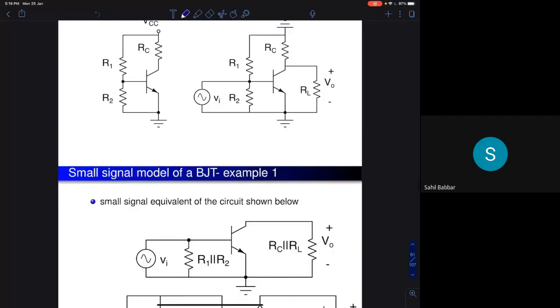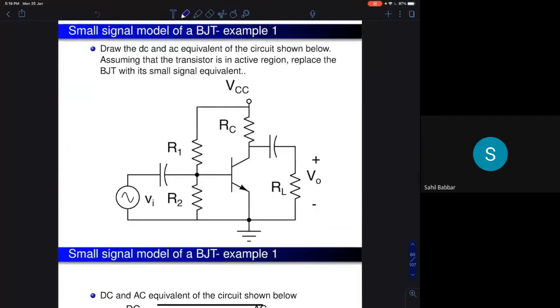Here I'll show the step-by-step process. For example, you are given a circuit like this and you are supposed to find the small signal gain. Before you find the small signal gain, you need to know the small signal parameters. To find those, you need to know the DC operating point.